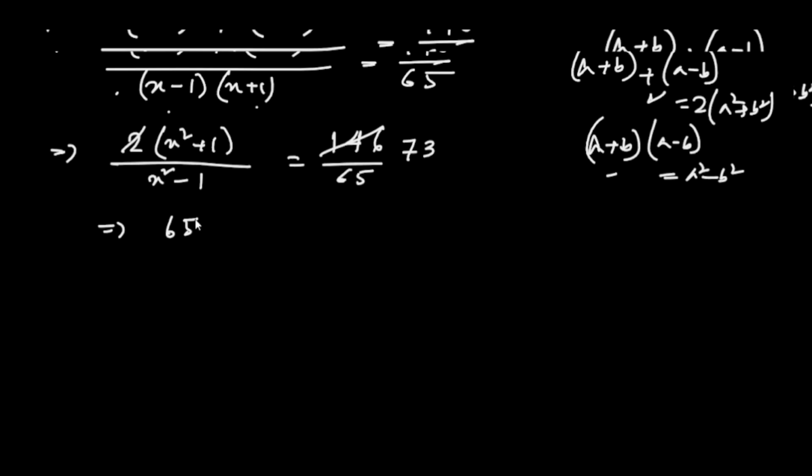Next one, question number 9. So in question number 9, we are having (x minus 19) into (x minus 21), that is equals to 323. So obviously we are going to multiply the left hand side.